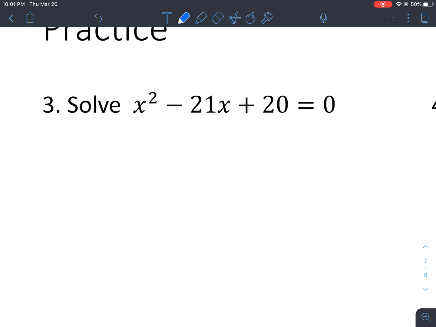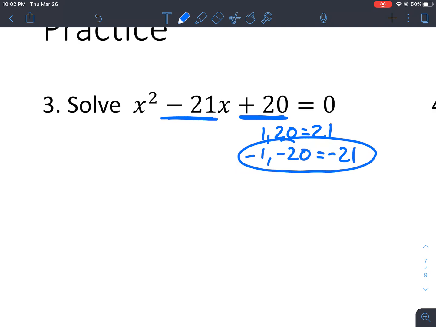All right, so in this case, we want to multiply to 20, and we want to add to negative 21. So 1 and 20 is positive 21. And since we want negative 21, the way that's going to happen is, again, just making those negative. Negative 20 times negative 1 is positive 20, and that gives us negative 21.